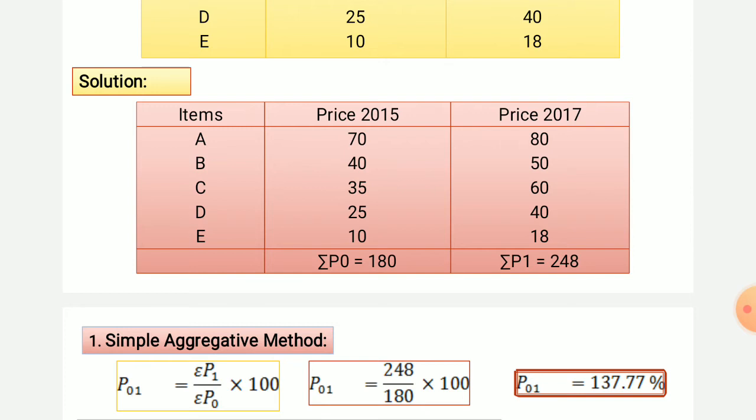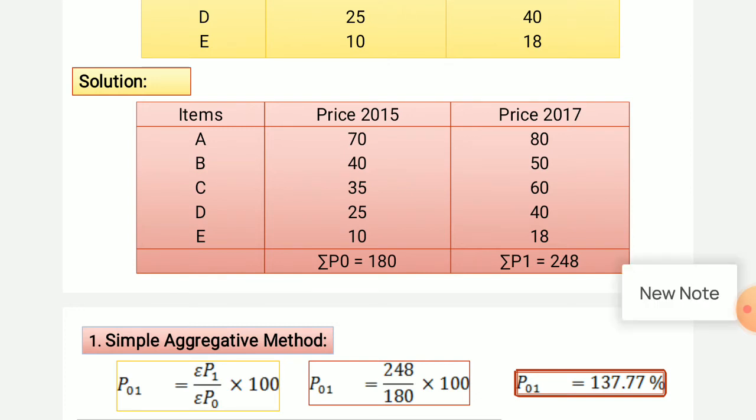And sigma P1, the total of the current year price, is equal to 248, and the total of base year price is equal to 180. So we have to take the sum of base year as well as the current year.